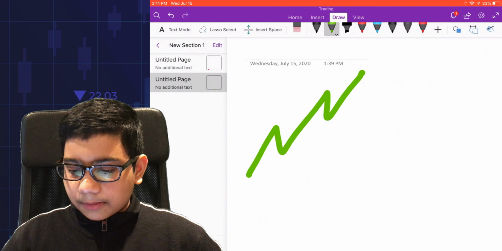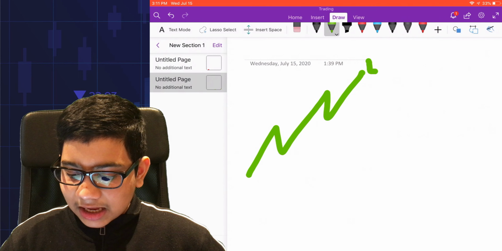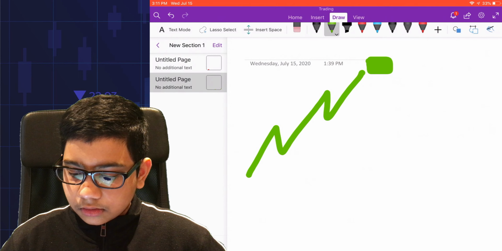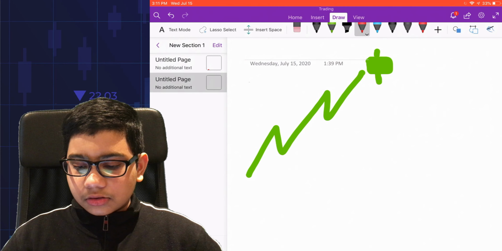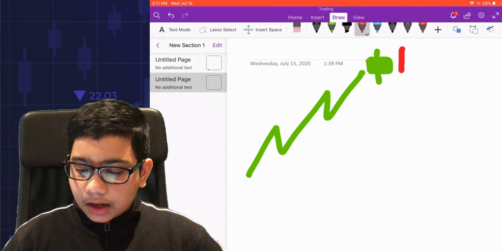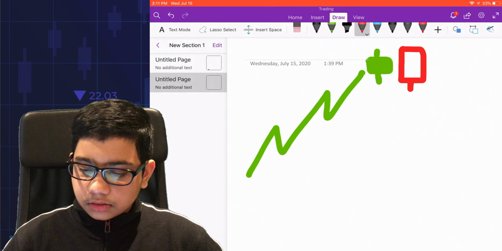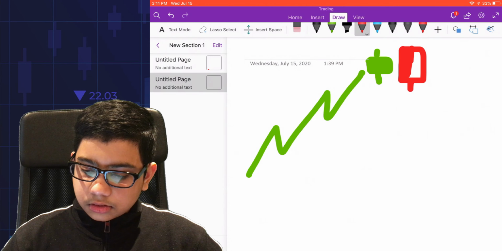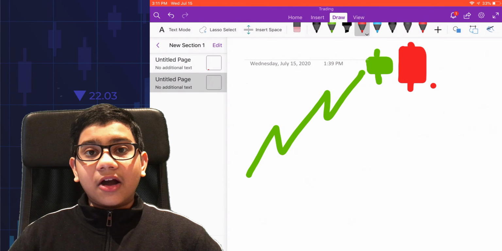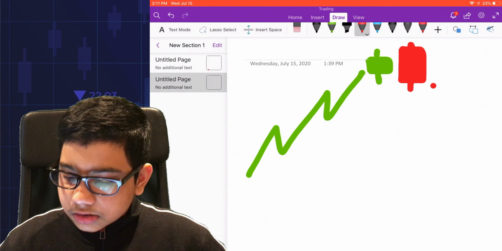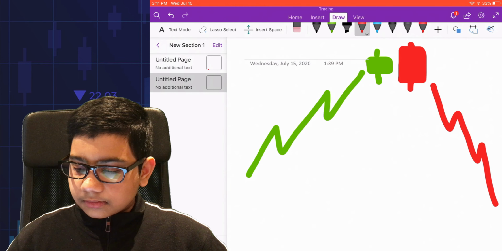So this is the uptrend, and then the first candle should be a small green candle, and then the next candle should be a large bearish candle, so this acts as if it's engulfing the candle before it. And then you'd expect the trend to go downwards.